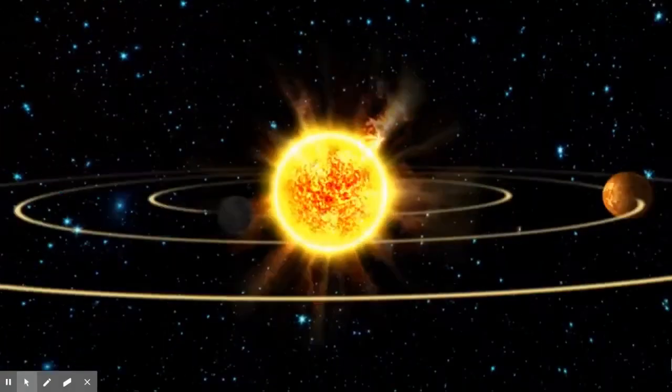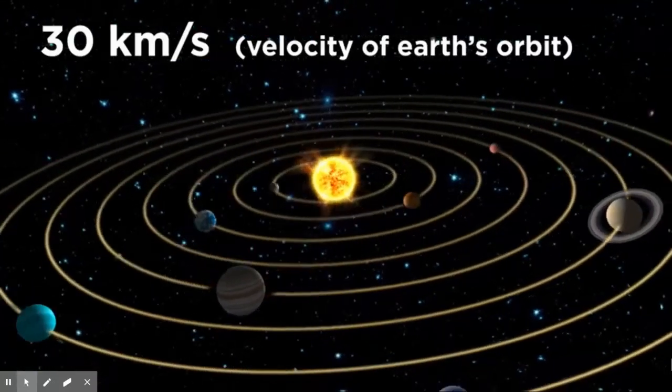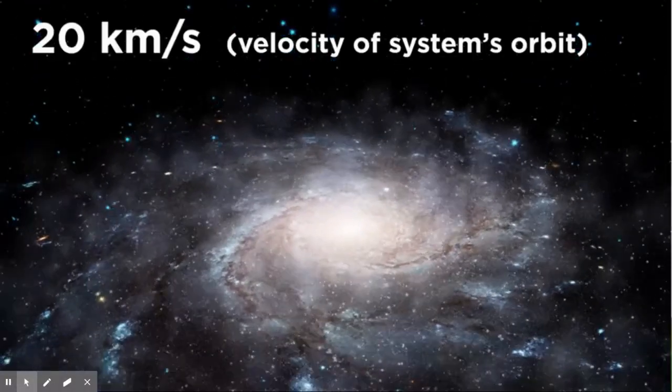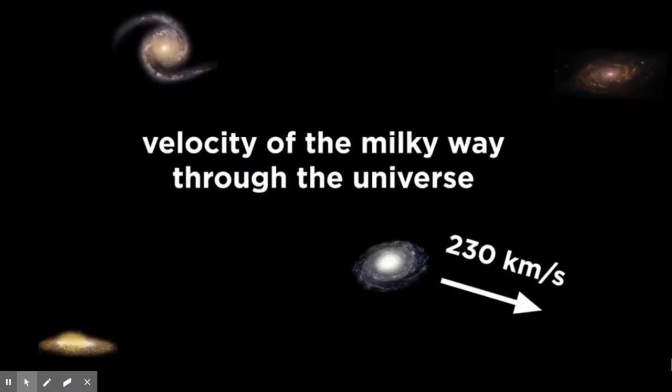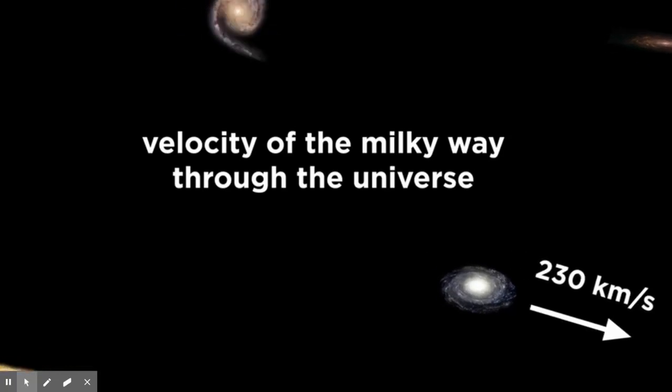Earth is also moving around the sun at around 30 kilometers per second. The entire solar system moves around the galactic center at 20 kilometers per second, and the Milky Way galaxy is moving through the universe at about 230 kilometers a second.